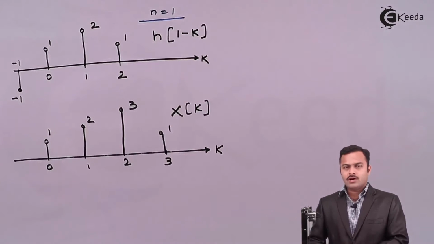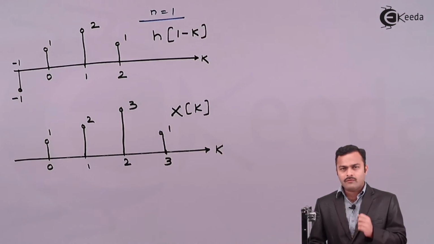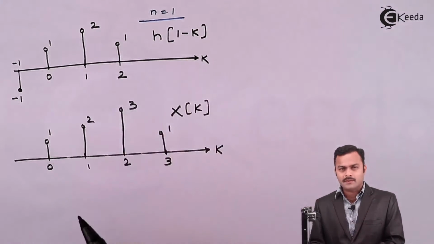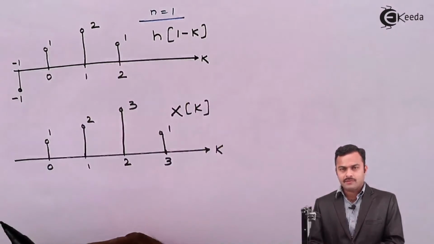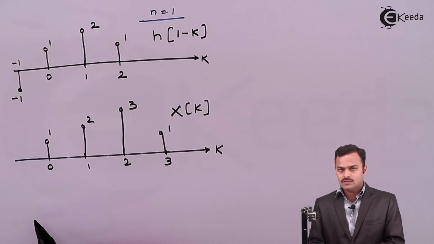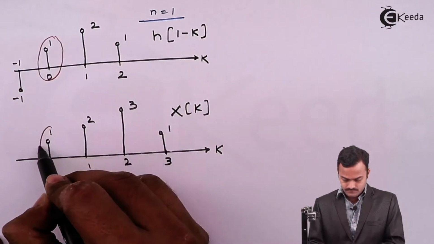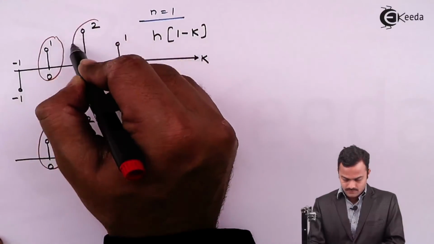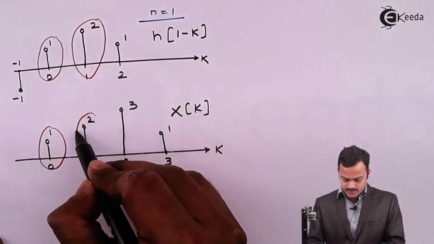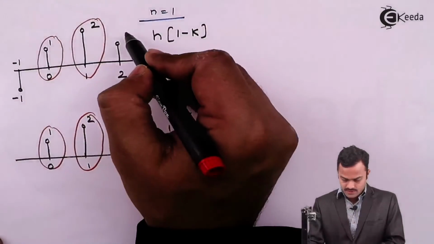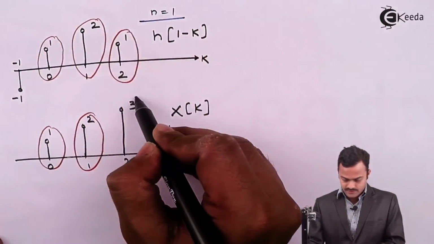So we need to check how many sample points are common. Why we are doing this? Because we need to do the multiplication, and multiplication exists only if there are the sample points exist between the two signals. So here one signal, another sample point, and we have one more sample point like this.